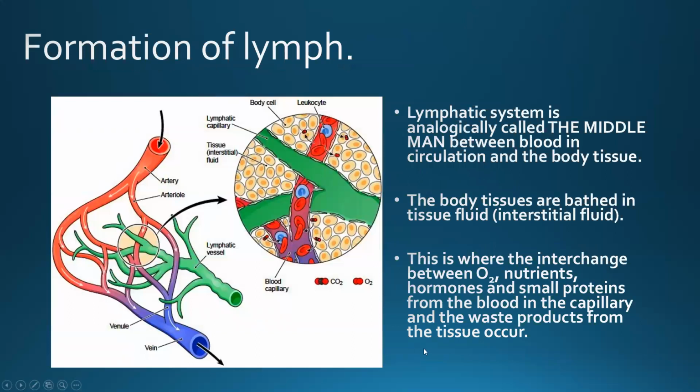Before I talk about the formation of lymph, I've got to introduce you to why there is a lymphatic system. The lymphatic system is analogically called the middleman between the blood and the body tissue.